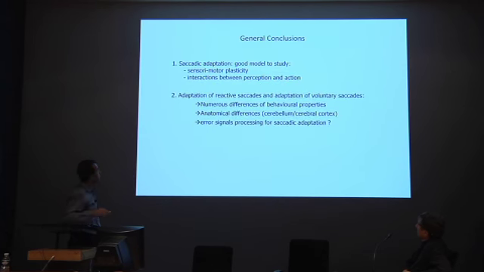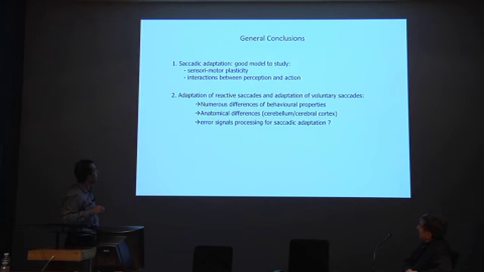So the general conclusion, probably you have them already. I will go directly to the second point, in which I'm reminding that the adaptation of reactive saccades and of voluntary saccades present several differences as far as the behavioral properties are concerned.